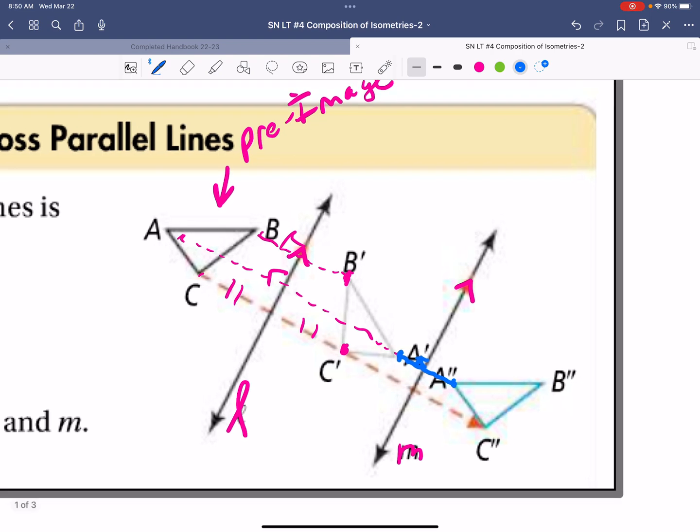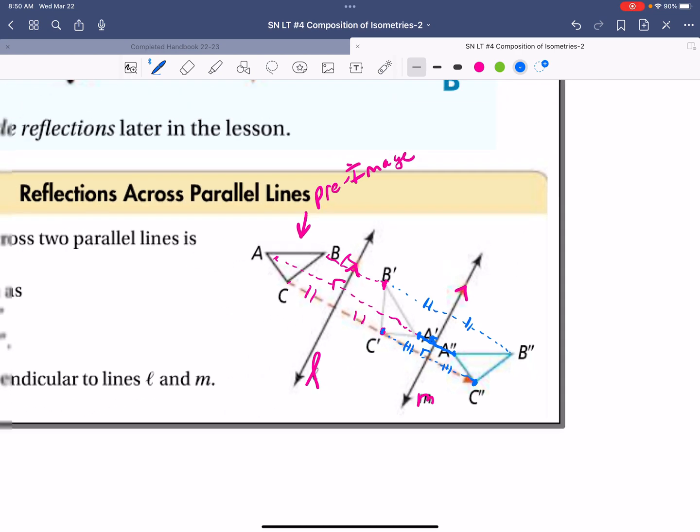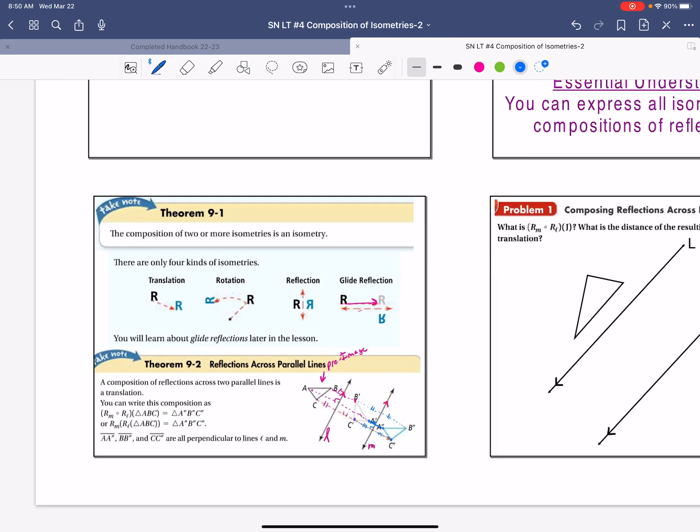B travels perpendicular to get B double prime, same distance here. C maps to C double prime, and that travels at a perpendicular with the same distance on each part here. So you do one reflection and then do another reflection.